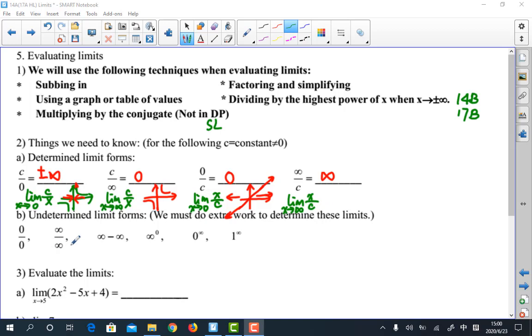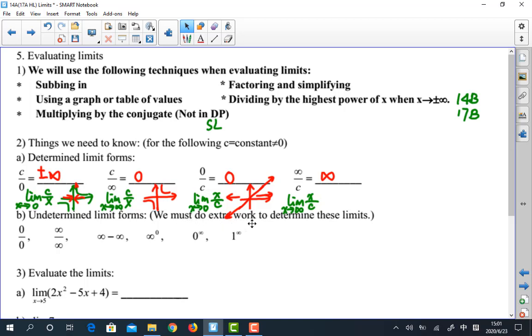Those forms are called undetermined limit forms. After you sub x equals a into a function, if you see the function form becomes 0 over 0, infinity over infinity, infinity minus infinity, infinity to the power of 0, 0 to the power of infinity, 1 to the power of infinity, those forms cannot help you determine the limit value directly.